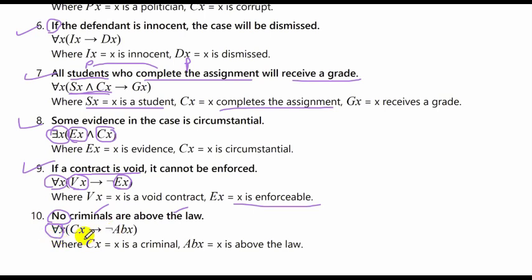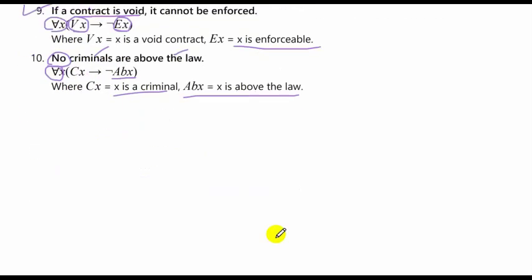For all x, there are criminals who are above the law; first, who are above the law, and then we use the negation symbol to say not above the law. So this is always written in positive form. Remember to write what Cx and Abx stand for. This needs to be put in the exams, and this will come.